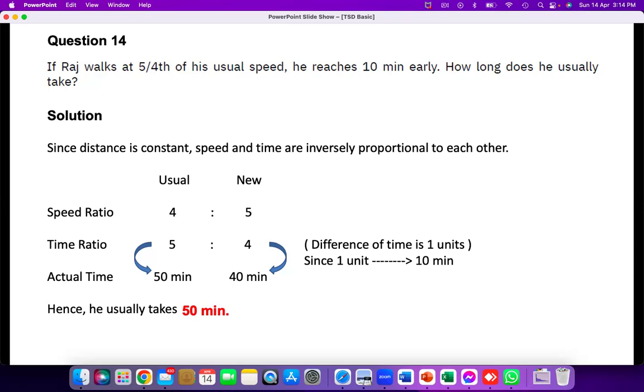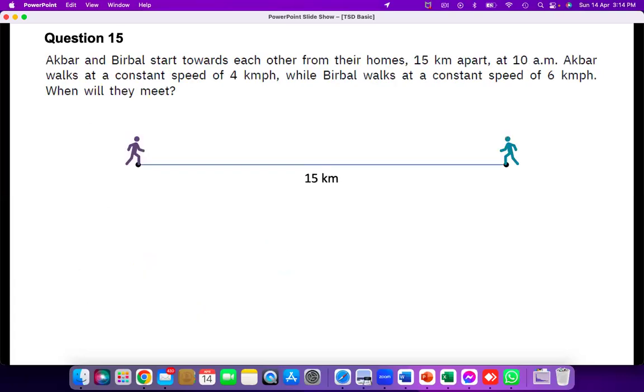Got it? Okay. So difference of time is 1 unit. Since 1 unit is equal to 10, therefore 5 unit is equal to 50. Just a ratio proportion concept.